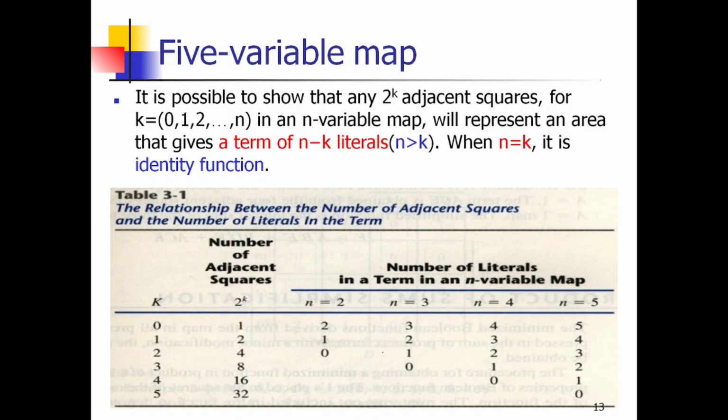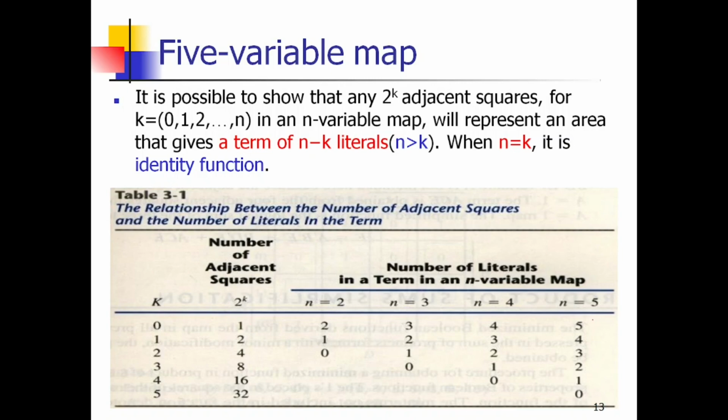And this table shows how many literals there will be for the number of variables. If the K map is an n variable K map, how many literals does it consist of? This we have discussed in the previous slides itself. It is consolidated here. So for n equal to 5, for a 5 variable K map, if the number of adjacent squares is 1, there is a possibility of a single one.